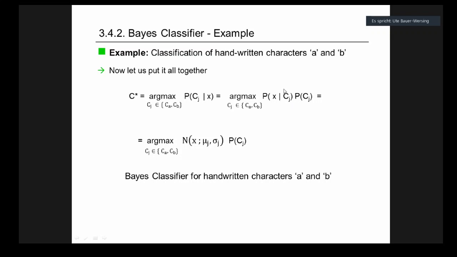We can estimate a density function for calculating the likelihood, and we can assume some prior for the class likelihood. How likely is it that the class occurs? So this was an example of how Bayes classifiers work.